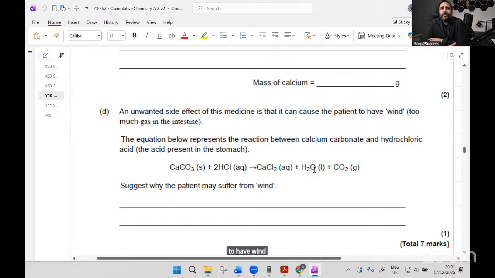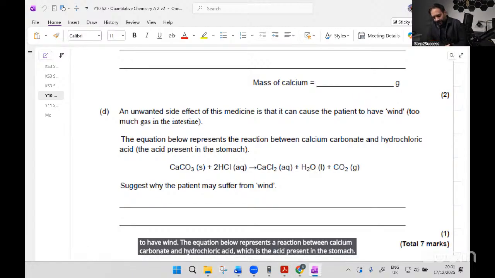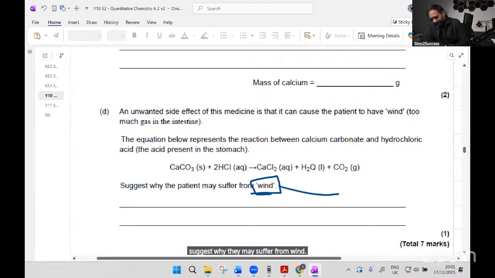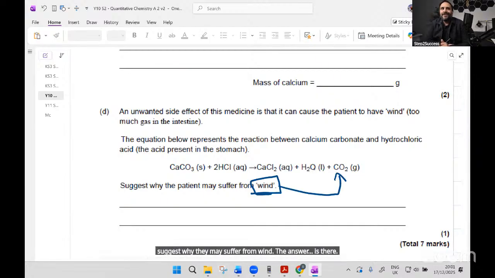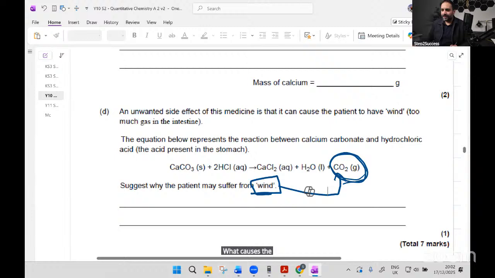The equation below represents the reaction between calcium carbonate and hydrochloric acid, which is the acid present in the stomach. Suggest why they may suffer from wind. When this goes into your stomach, one of the products is carbon dioxide gas, which is what causes the wind. And that is the answer to that question.